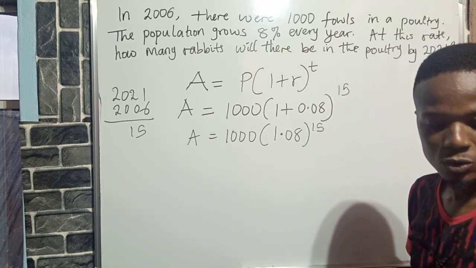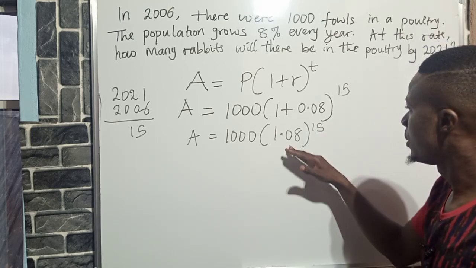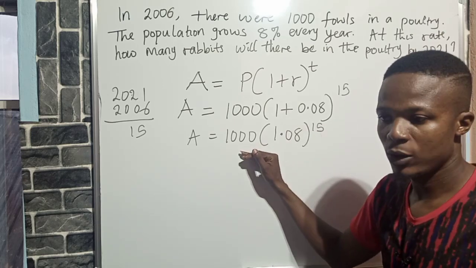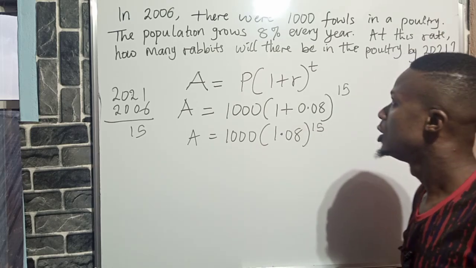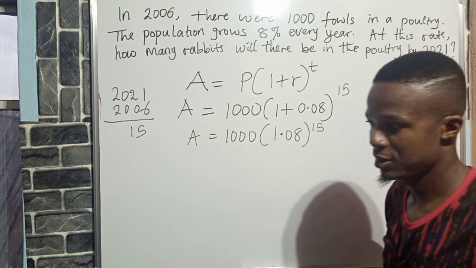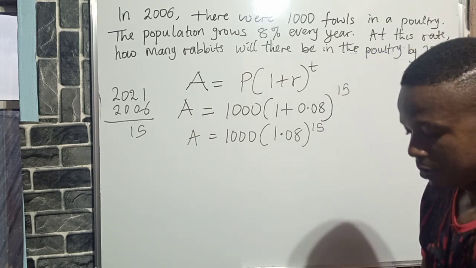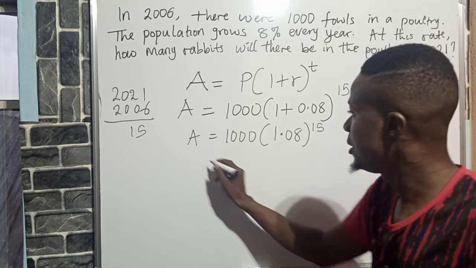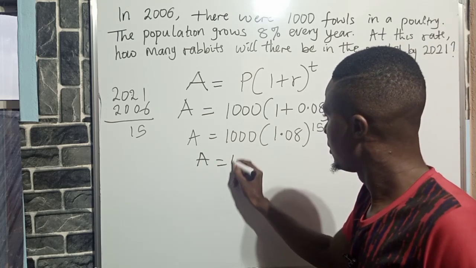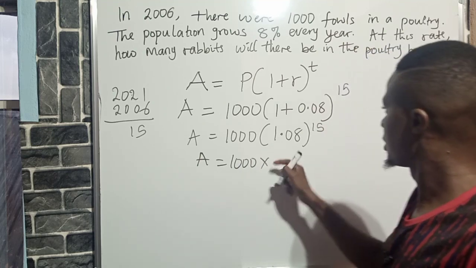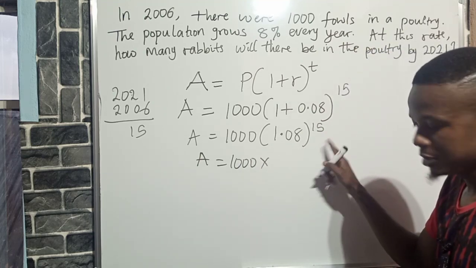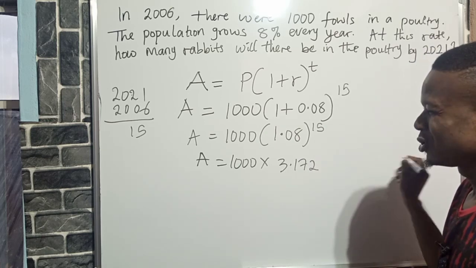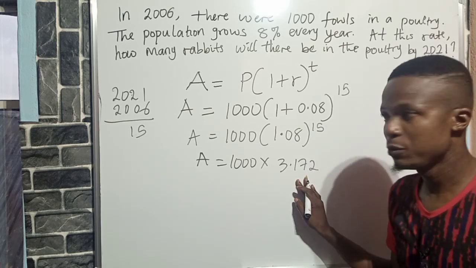So what we are going to do now is raise 1.08 to the power of 15. Whatever we get, we multiply it by 1,000, and that will give us the total number of fowls that will be present. When I raise 1.08 to the power of 15, it gives approximately 3.172 to 3 decimal places.